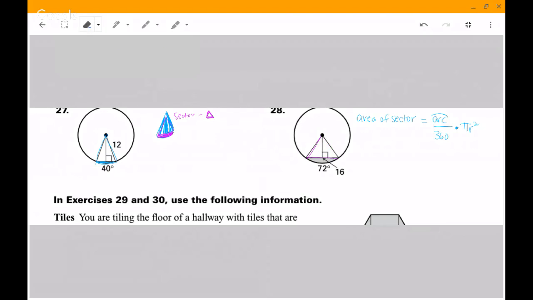Oh, okay. Now I get it. That makes sense? Good. Sorry, sometimes I don't get my words together very well. So if you can find the area of the sector using that formula, and then subtract the area of the triangle, that'll give you the shaded part.